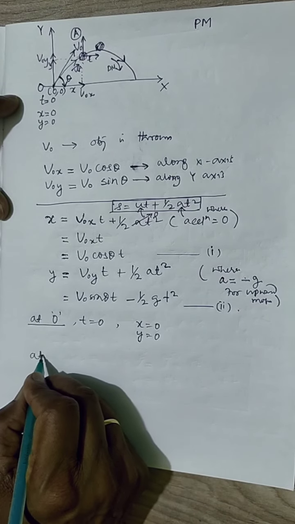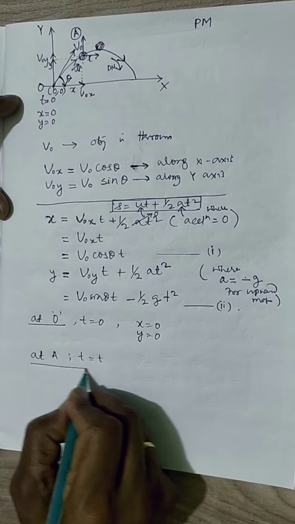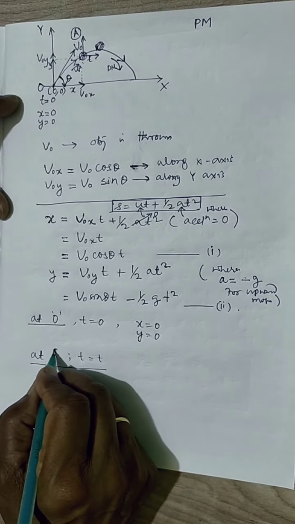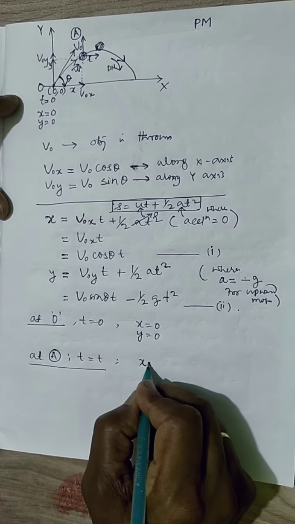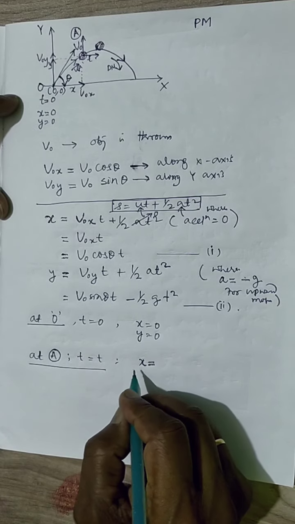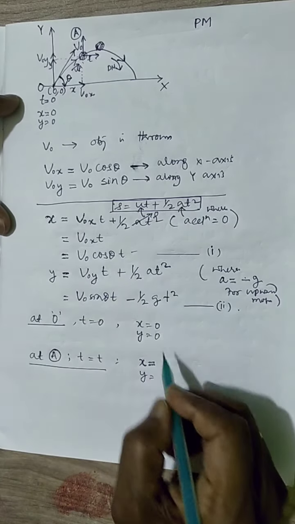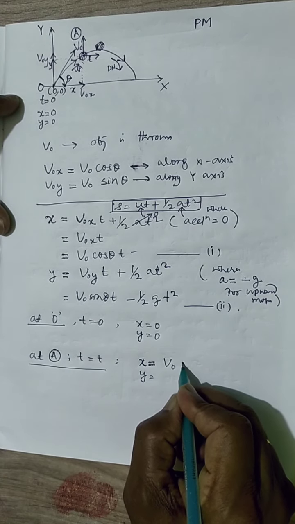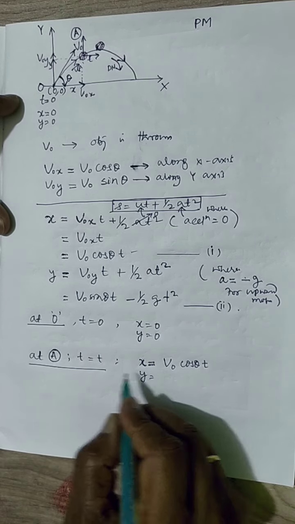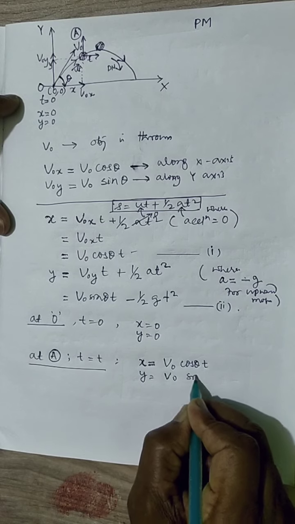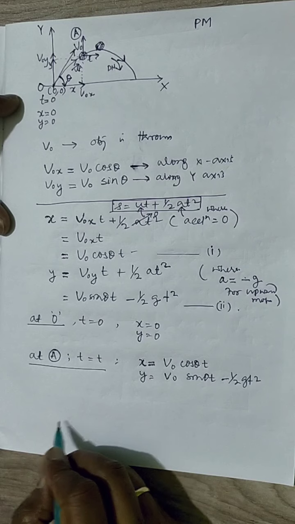At A, t is equal to t, or after a certain time it has reached position A, where the distance it has covered along the x-axis is x, that is v0 cos theta into t, and y is v0 sin theta t minus half g t square.